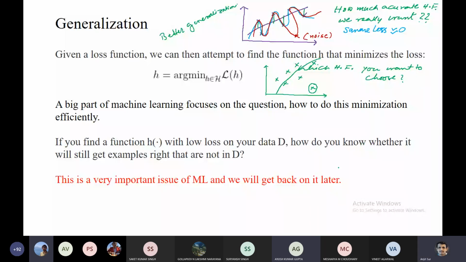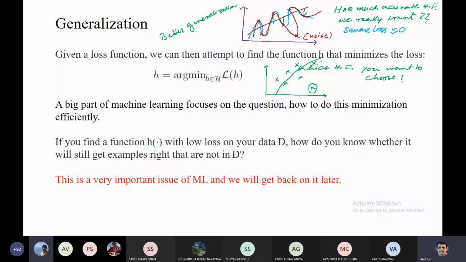This curve is consistent with most of the points. If some point is abruptly different, we are not going to consider it, by virtue of generalization. This point is not obeying the data distribution that most of the data obeys.